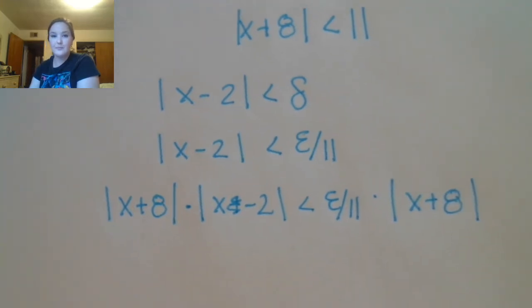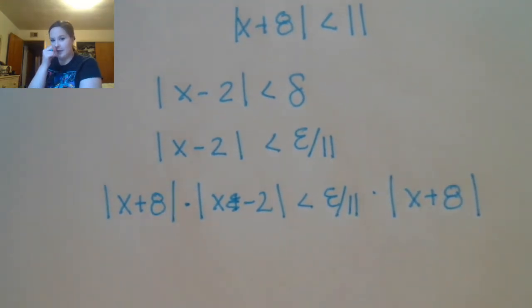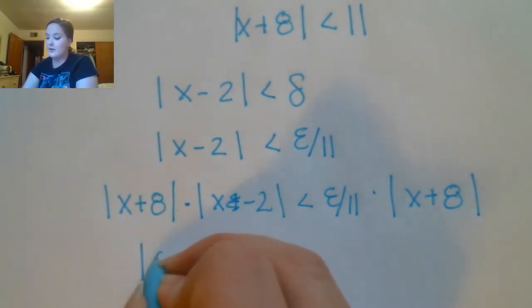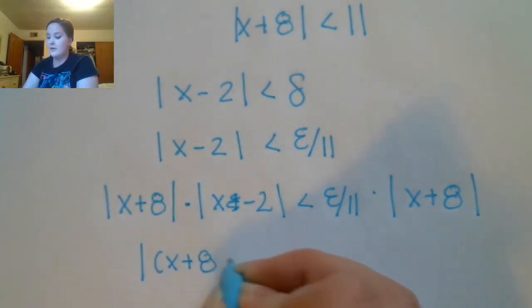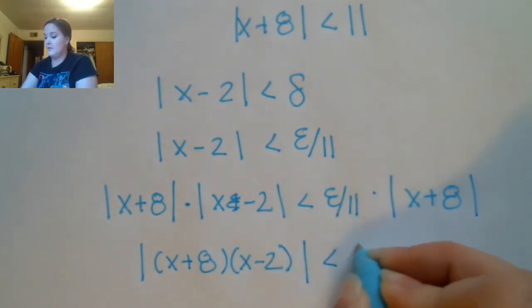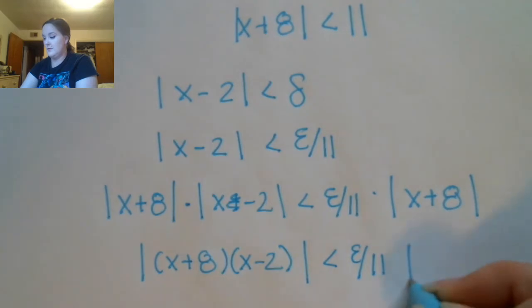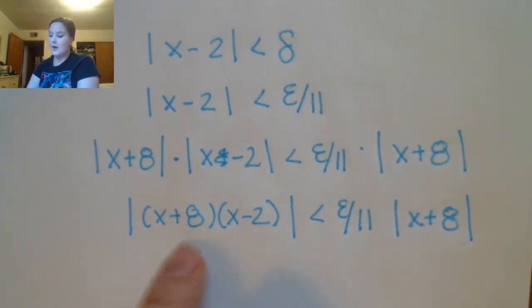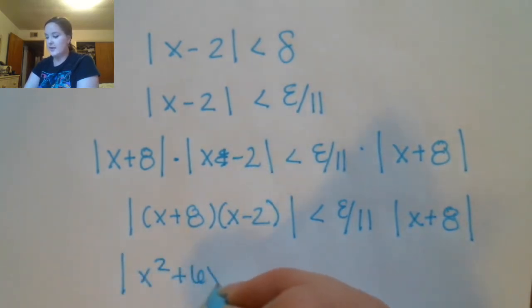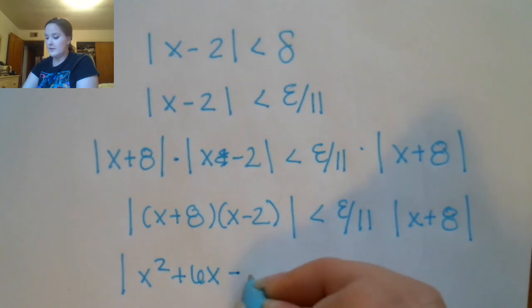Then I'm going to multiply these two together and write out what this is equal to, x squared plus 6x minus 16.